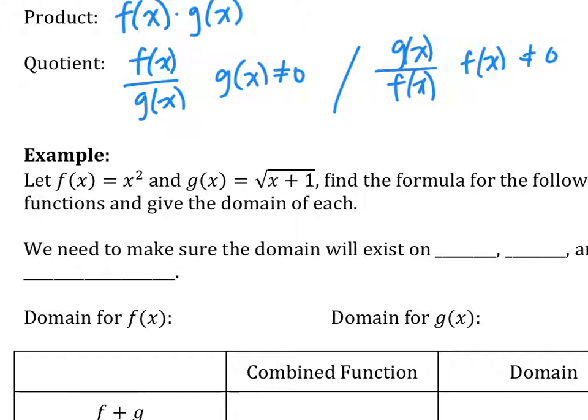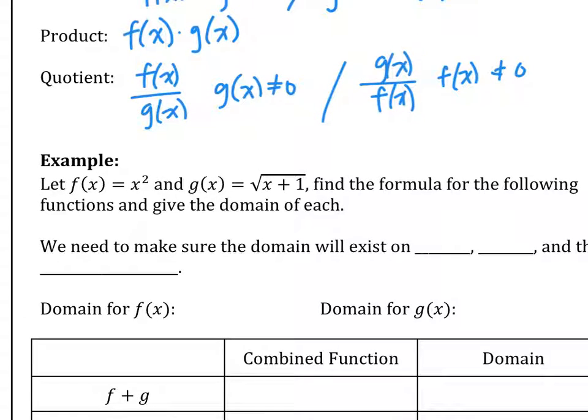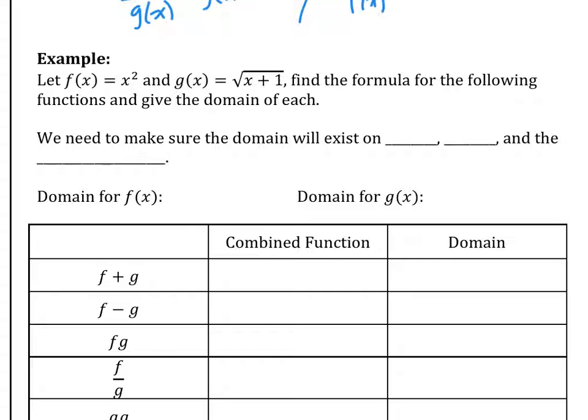G of x is square root of x plus 1. We're going to combine them together with algebraic methods. The problem is we have to check the domain because not everything that passes through one will be allowed in the other. Okay, we'll look at that last.